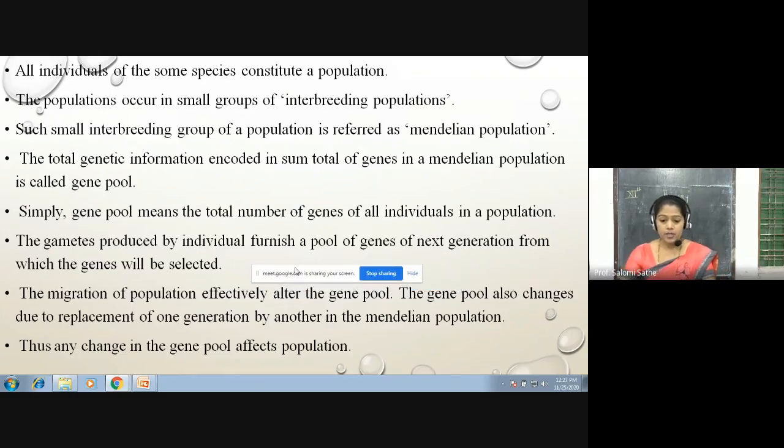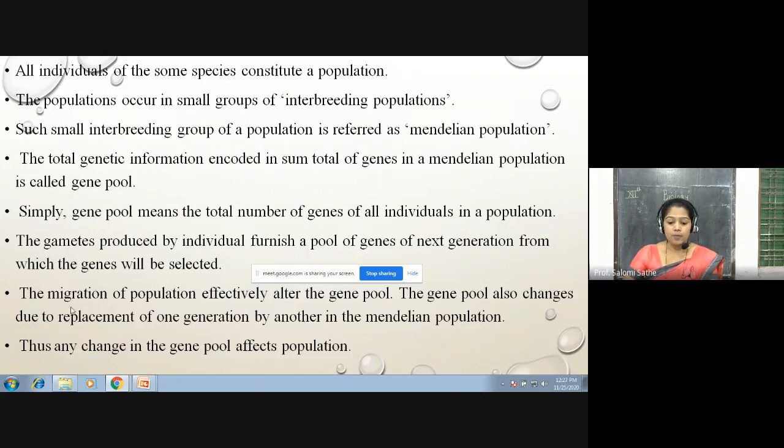I repeat. The gametes, male gamete and female gamete, produced by individuals, male and female, furnish a pool of genes for the next generation, from which the genes will be selected. And the superior quality genes are what? Selected. The migration of population effectively alters the gene pool.